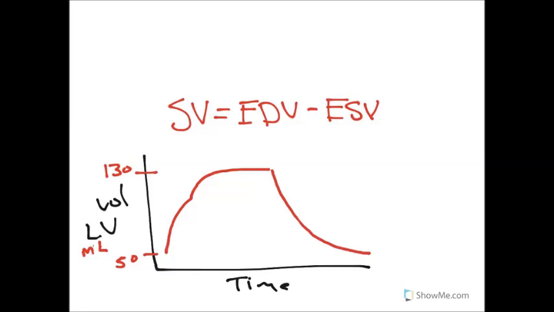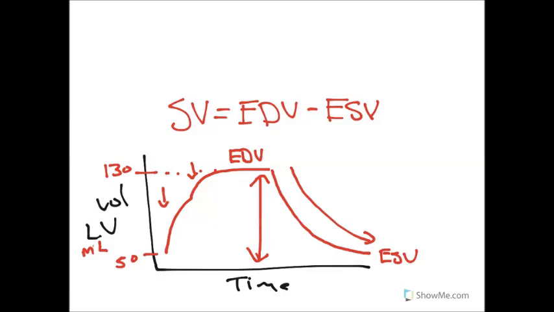We would have blood coming in and blood going out. And what you would have is this ventricular filling here, passive filling, then active filling, and then we have our EDV. At the end of filling, the 130 mils would be a normal EDV. Then our stroke volume is produced when a cardiac ejection occurs, and the blood that is left over is called the end systolic volume, and that's about 50 milliliters in a normal, happy, healthy human.